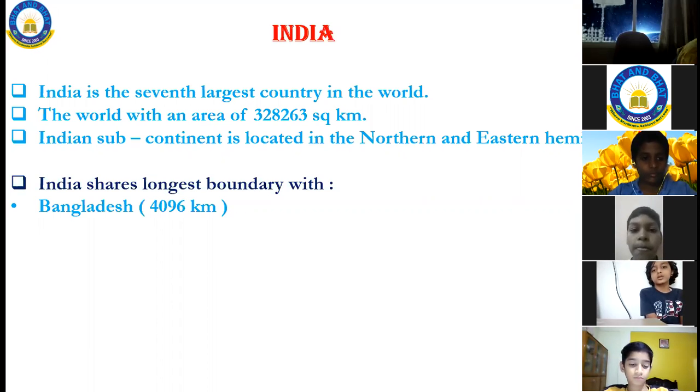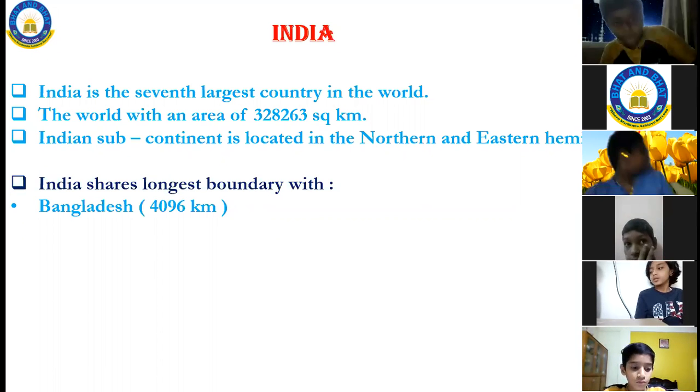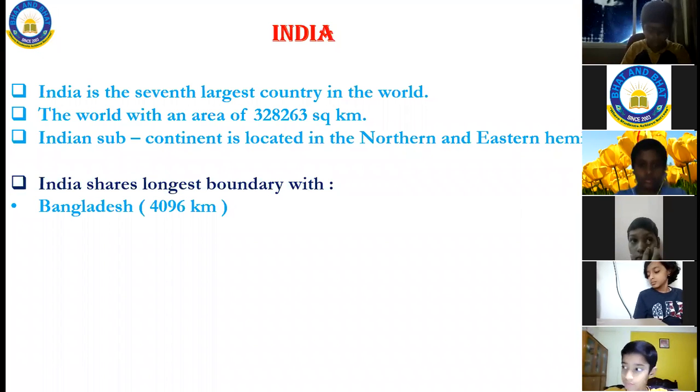Say for example, your room might have a boundary of around 50 meters, or sometimes 500 meters. But when I take the boundaries of India, it has shared its boundaries with some countries. The first is Bangladesh, 4,096 kilometer.